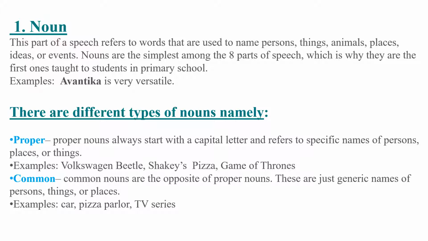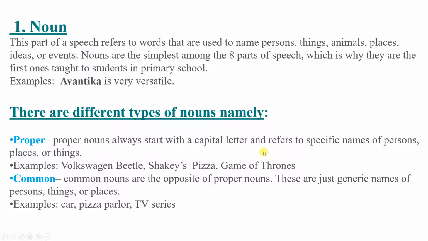In this example, Avantika is the name of a girl, so A is written in capital because it is a proper noun. Some examples given here are Volkswagen Beetle, Shakey's Pizza, Game of Thrones. These are proper nouns.